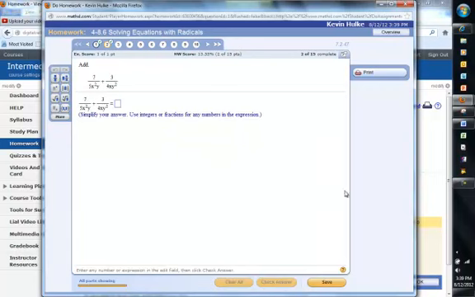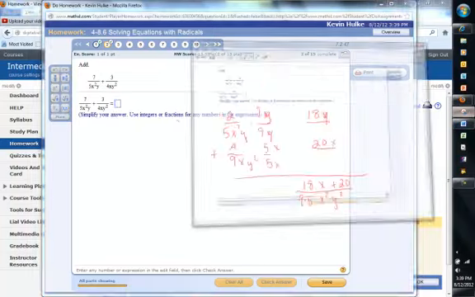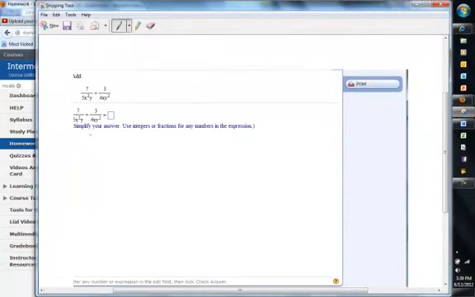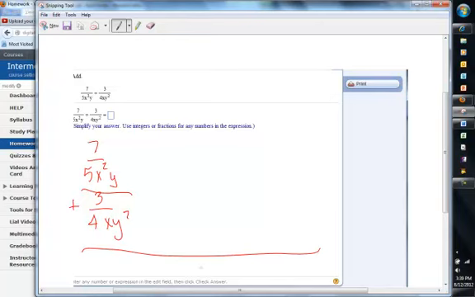Okay, this is one where we're going to be adding, and let's add vertically. So we have 7 over 5x squared y plus 3 over 4xy squared. Our common denominator is 5 times 4, which is 20, x squared y squared. This is missing the 4 and a y.